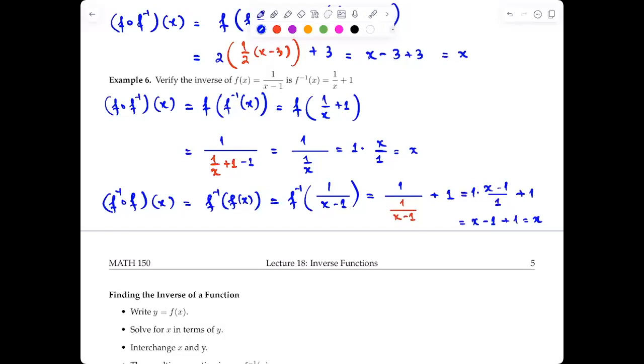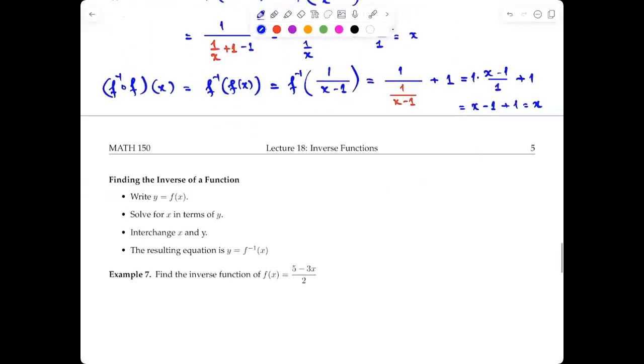Good. All right. Now we move on to the last topic, where we're going to find the inverse of functions algebraically. There are certain procedures you need to follow to get the inverse of one-to-one functions. There are 4 steps. The first one is very simple: just write y equal to that particular one-to-one function.